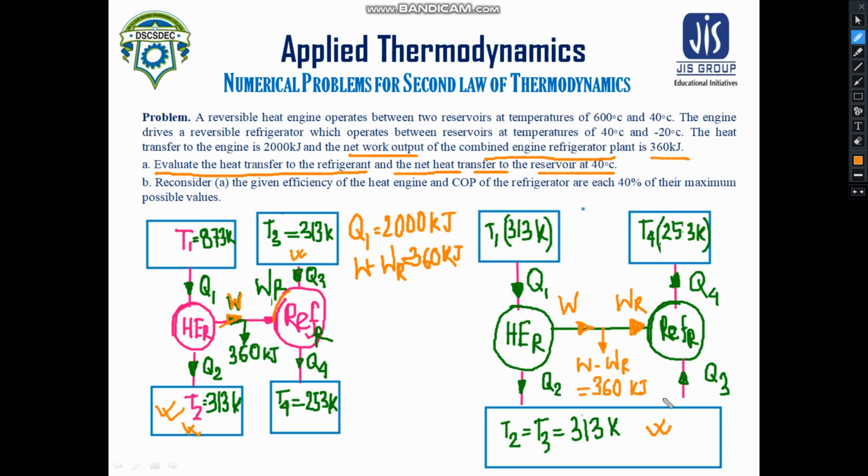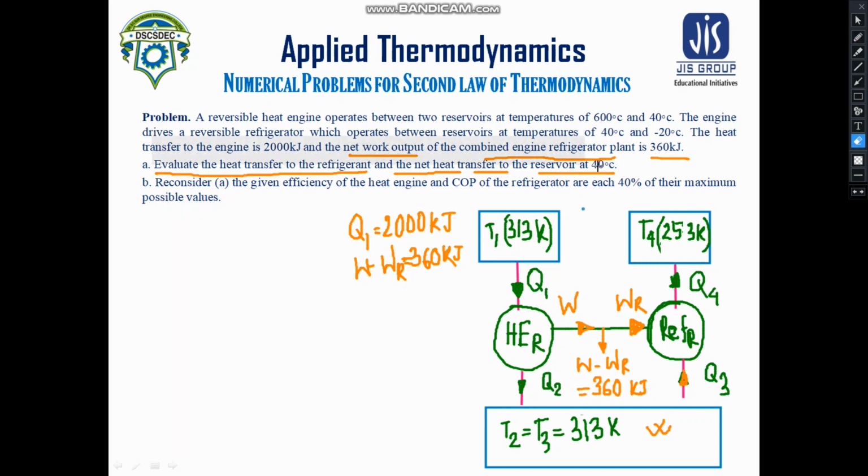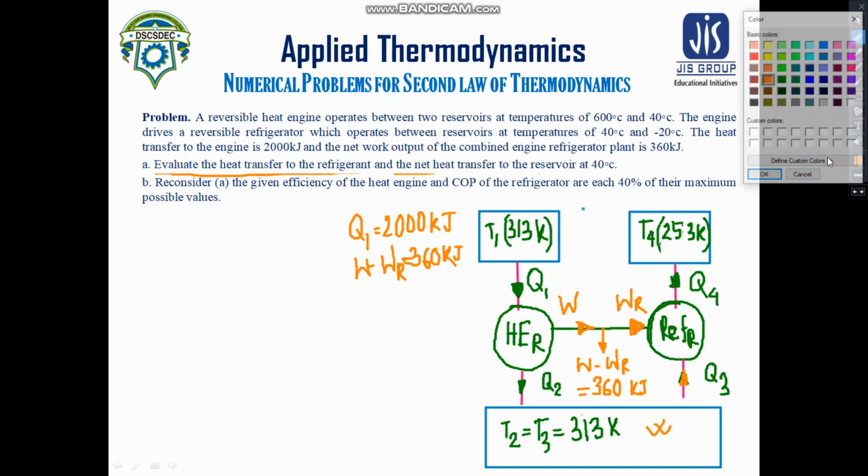But you know that a refrigerator takes heat from the low temperature reservoir, whereas it rejects heat to the high temperature reservoir. So now if you are getting the point, we can easily remove this diagram because it is not of any use here. These two pieces of information have been provided in the problem.